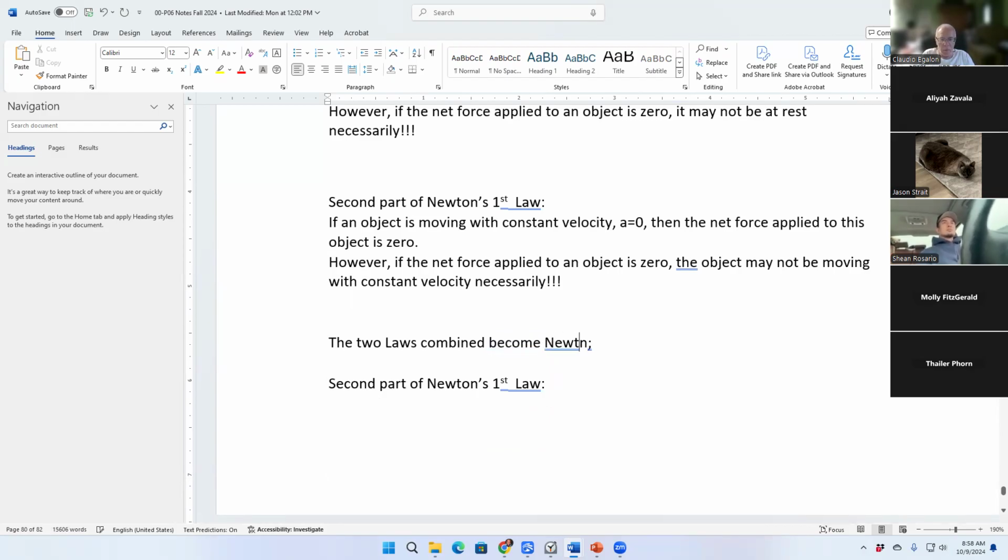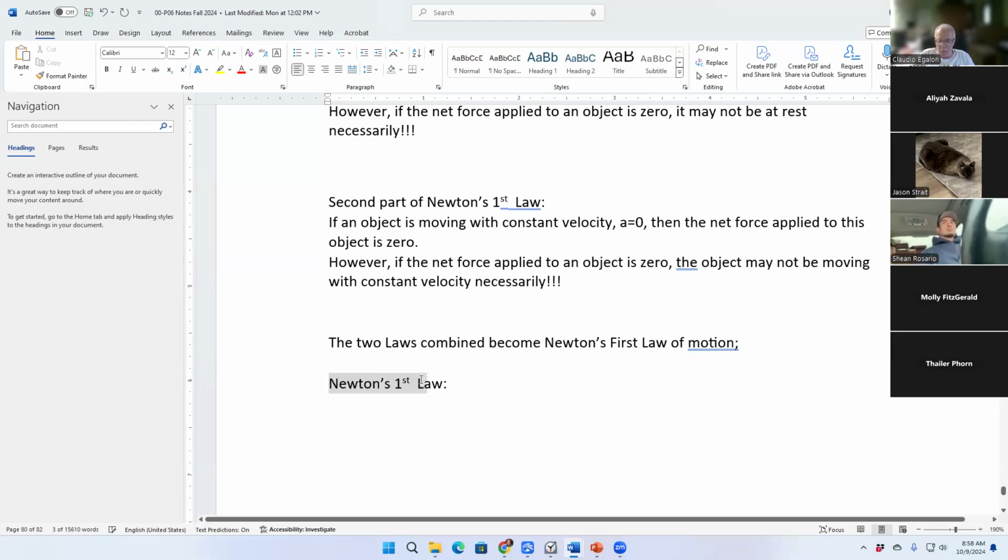Newton's first law of motion. First law of motion. And I'm going to copy and paste here.